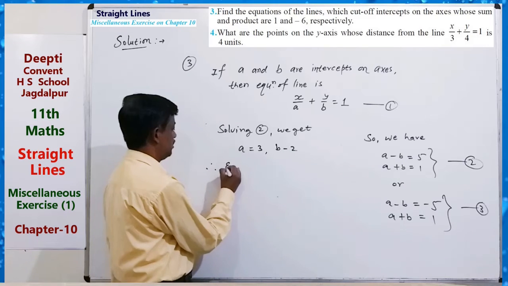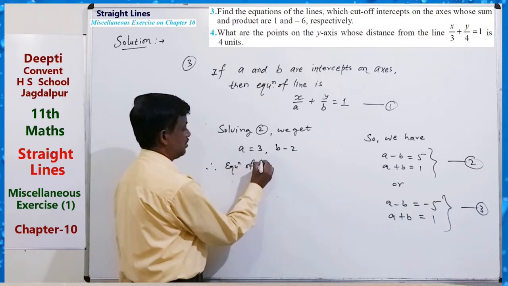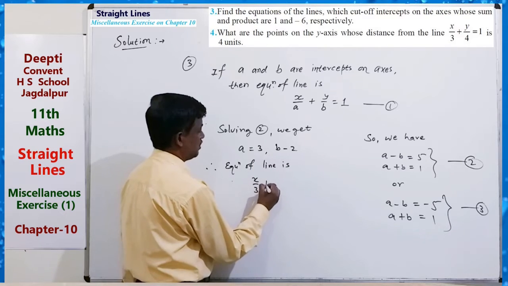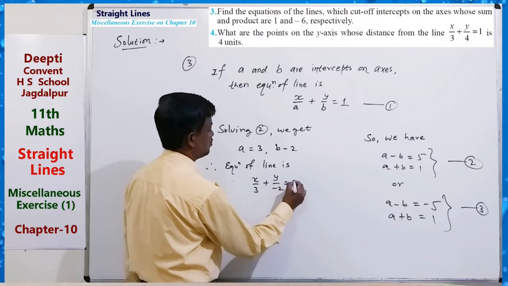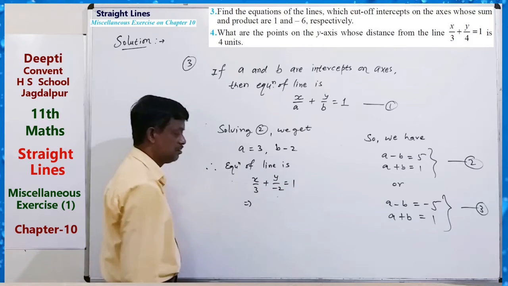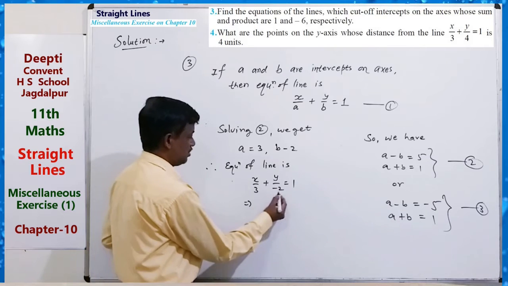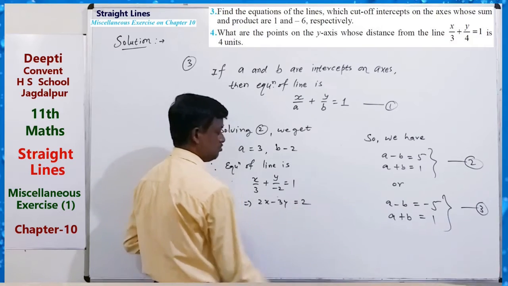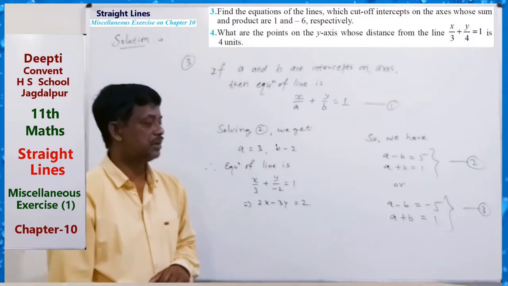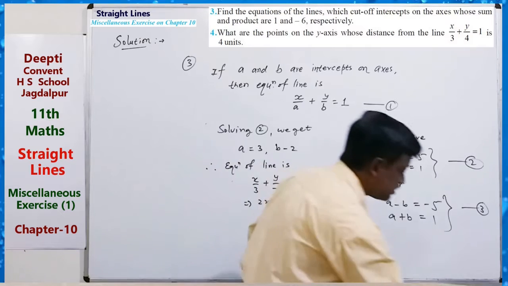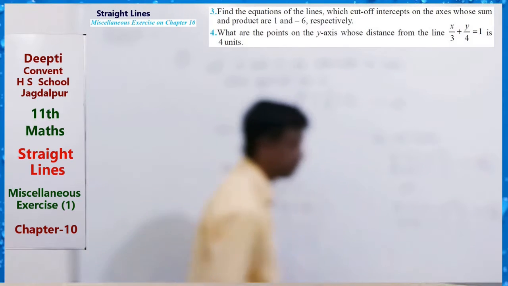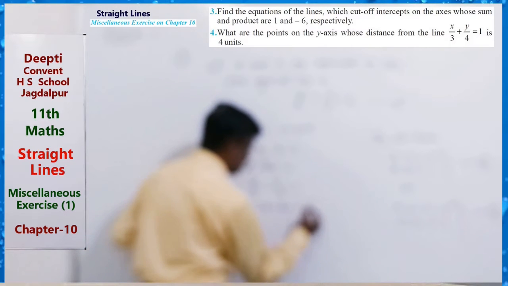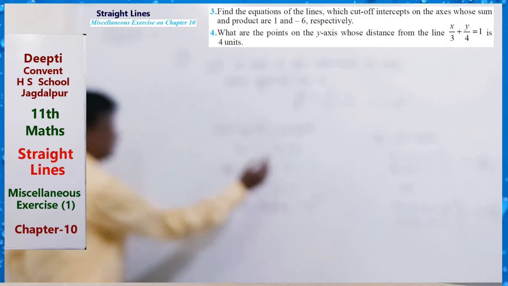Therefore the equation of line is x by 3 plus y by minus 2 equals 1. So we can write 2x minus 3y equals 6. Sorry, not 2, 6. This is the first equation.